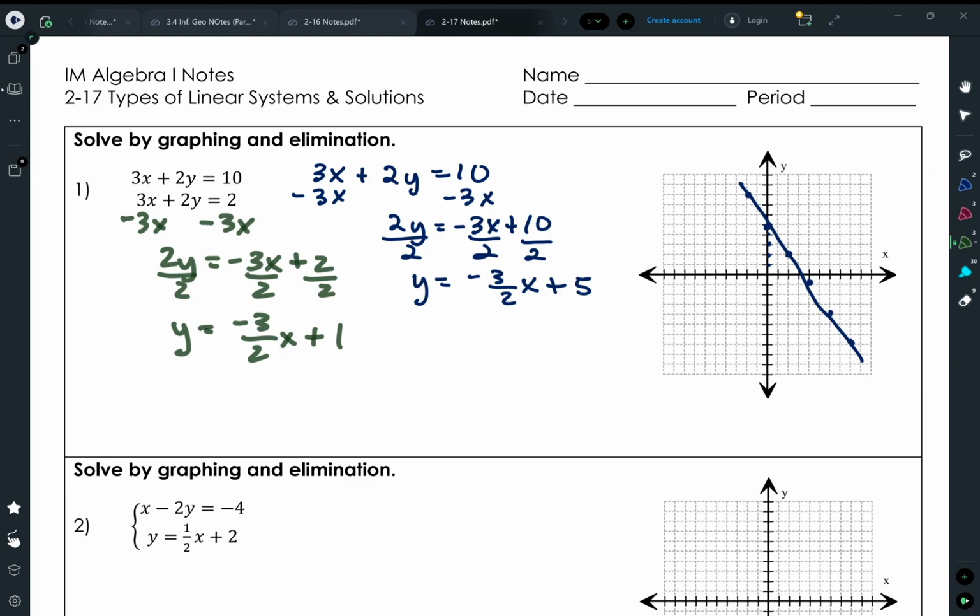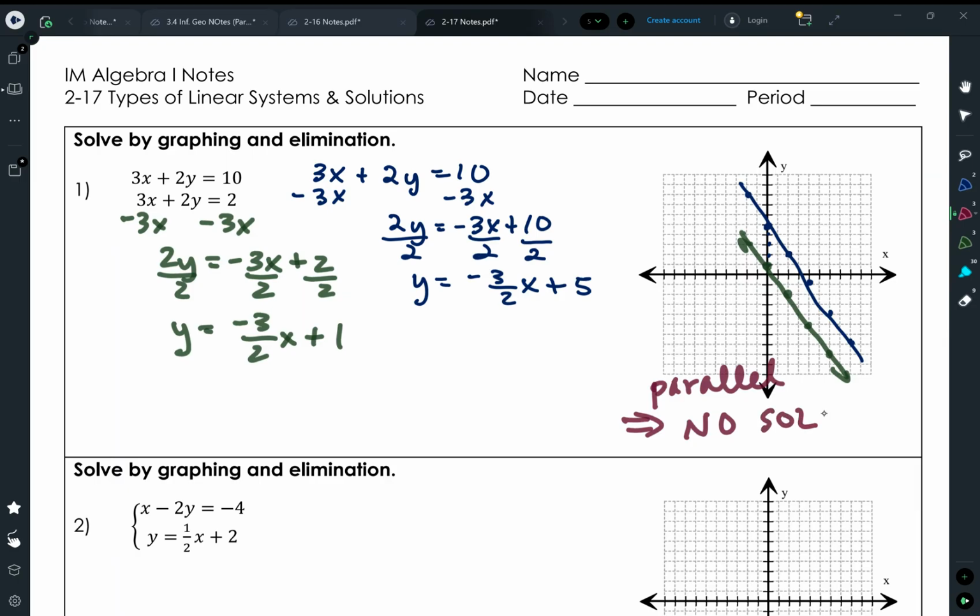The slope is like the angle of the line, my rise over run part, but I have different y-intercepts. So it's still down 3 over 2, but instead of starting at a positive 5, it's starting at a positive 1. So I end up with parallel lines. And when my lines are parallel, they never cross, and so we have no solution.